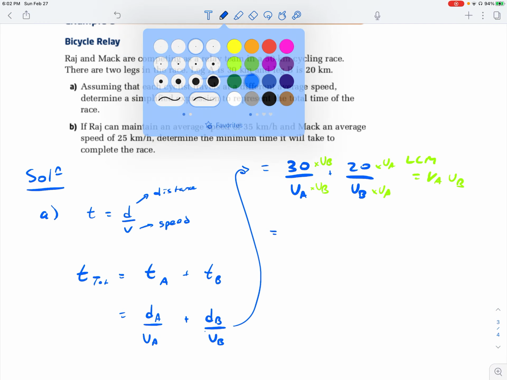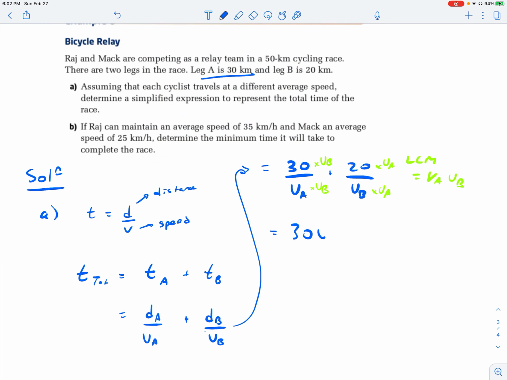So we would have 30 VB over VA VB plus 20 VA over VA VB. I know it's VB times VA, but that means the same thing if we write it that way instead.